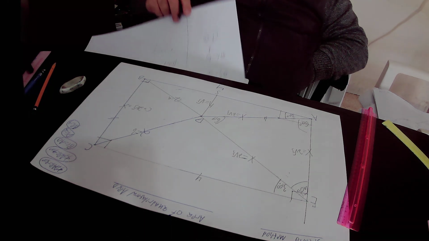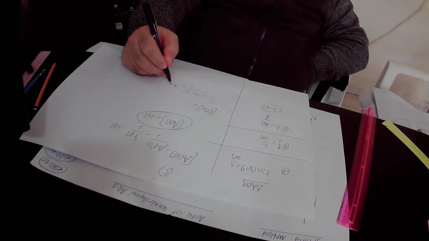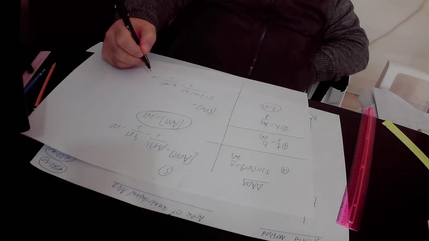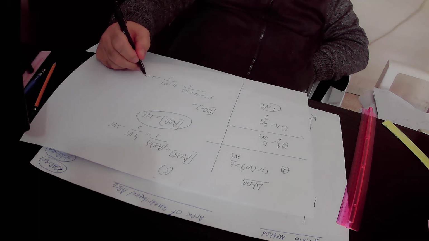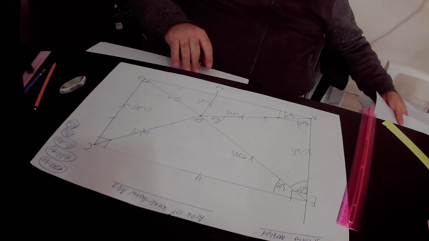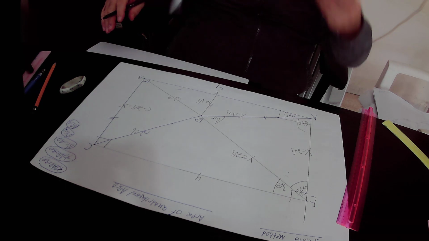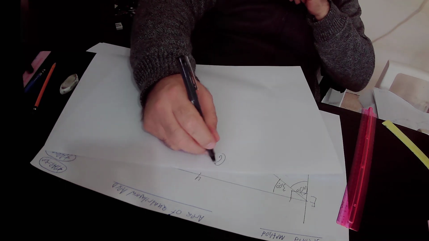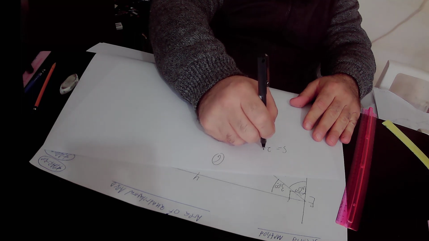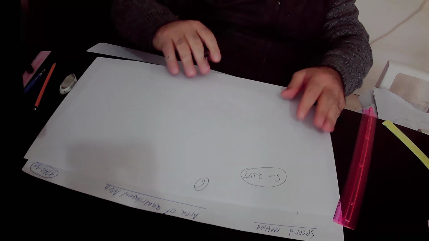So the semi-perimeter of triangle DBC equals 2 plus 2 is 4, plus 2 times square root of 3 over 2. 4 over 2 is 2, 2 times square root of 3 over 2 is square root of 3. So we found that the semi-perimeter of triangle DBC, S equals 2 plus square root of 3 units.